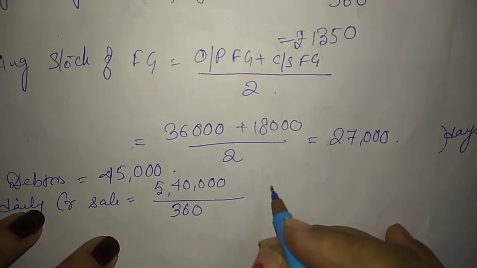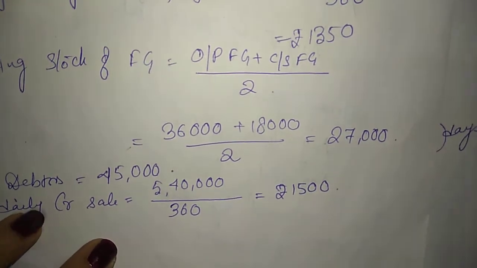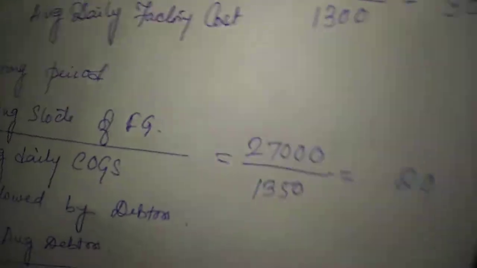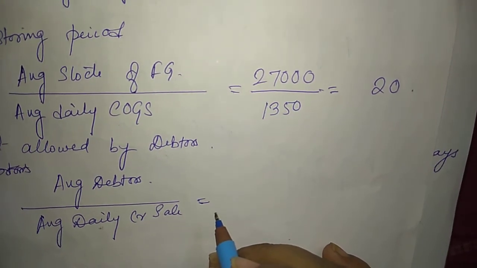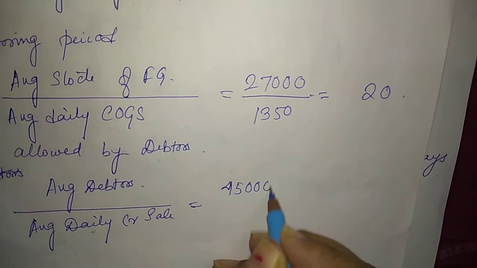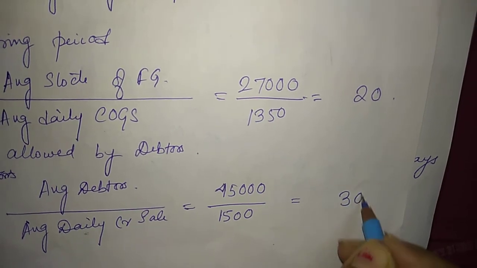It's coming to rupees 1,500. Okay. So the solution goes as average debtors 45,000 divided by 1,500 is equal to 30.